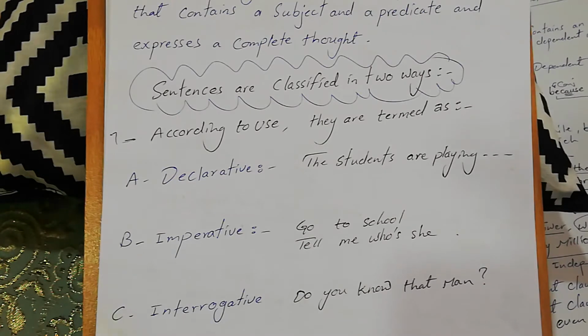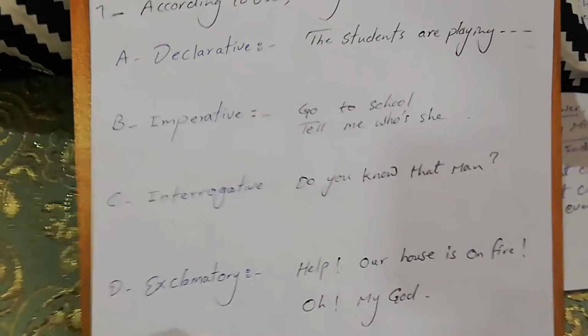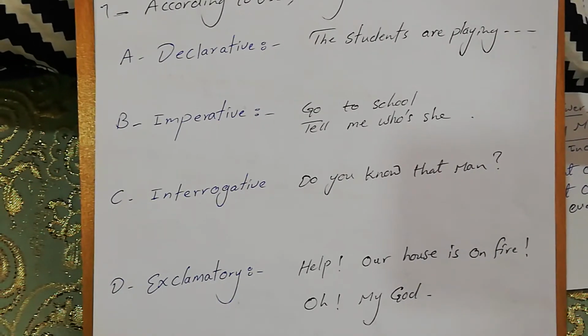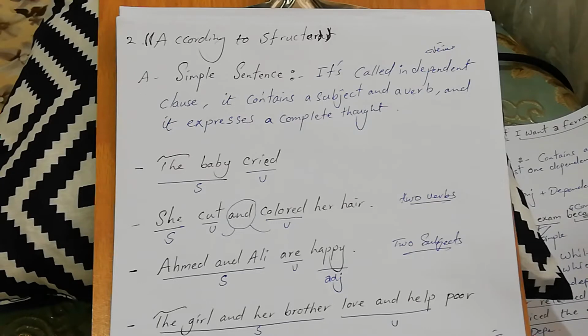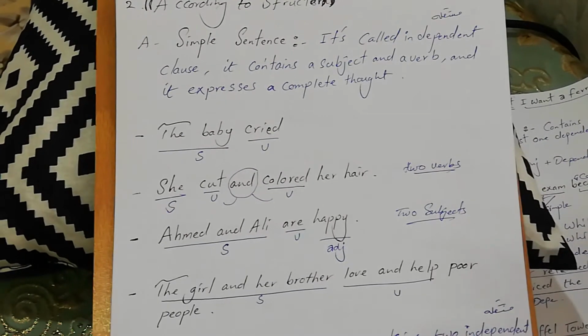According to use, they are termed declarative, imperative, interrogative, and exclamatory. Later on, I'm going to speak about them in detail. According to structure, we have the simple sentence, the complex, the compound, and the complex compound sentence. Now, let's start with the simple sentence.